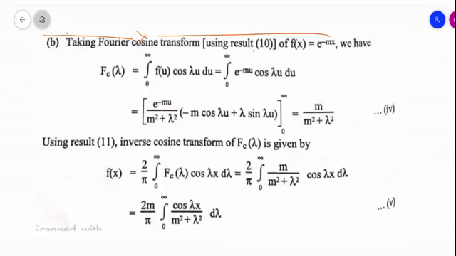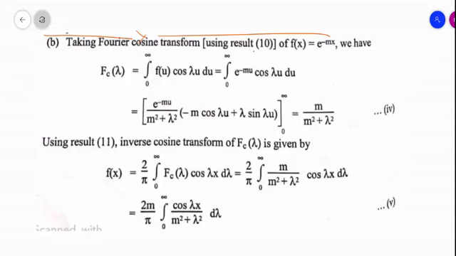In the integrand there is cos lambda x, and we have to show its value of integration, which is already given on the right hand side. That means pi upon 2m into e raised to minus mx. On the right hand side there is the f of x function.